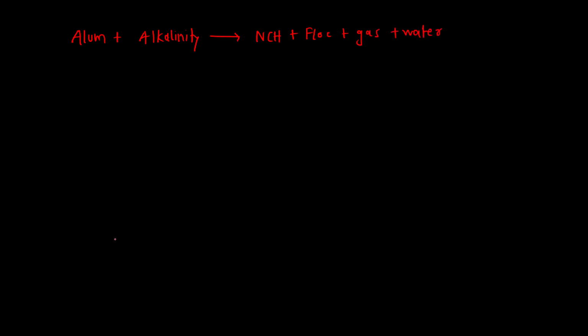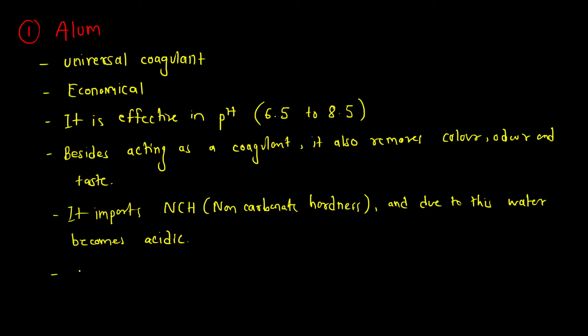You can see here the water should have a certain amount of alkalinity present. So write that point also. It requires alkalinity, that is, water should be alkaline. It requires alkalinity in water to produce floc.